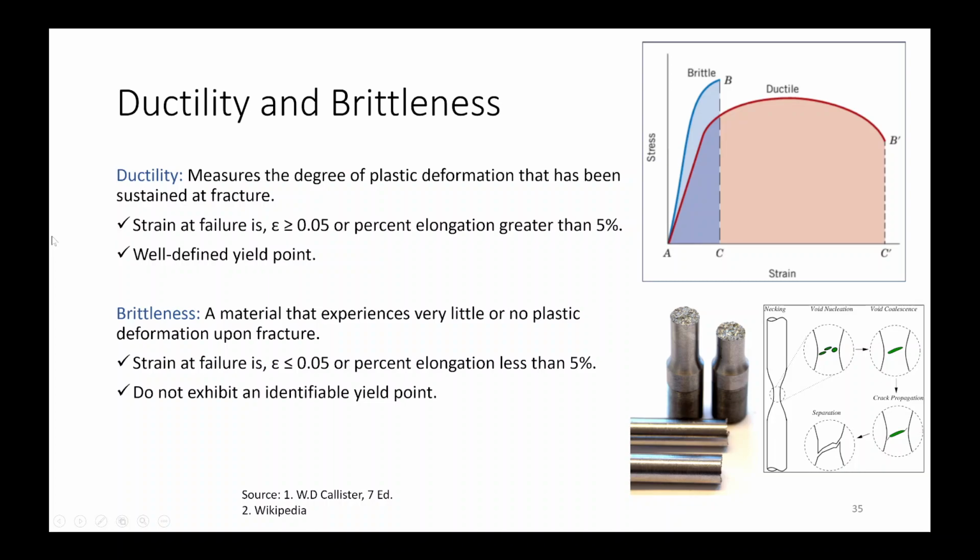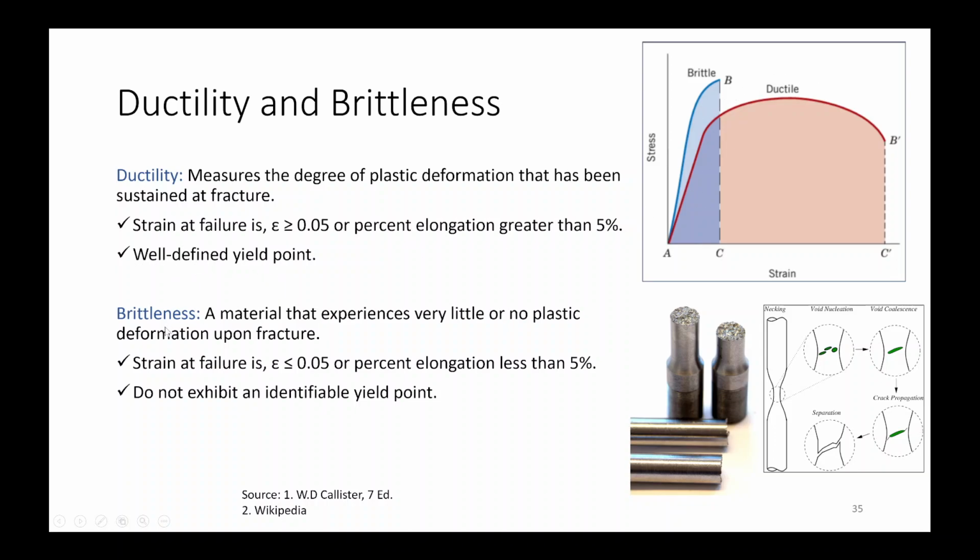Ductility and brittleness. Ductility is the measure of the degree of plastic deformation that has been sustained at fracture. So it will be your percent elongation. Now if the percent elongation is greater than 5%, then your material will be called ductile, and it has a well-defined yield point.